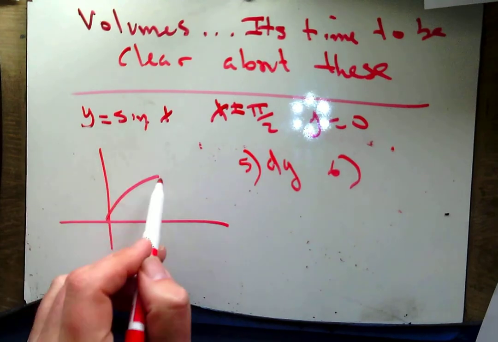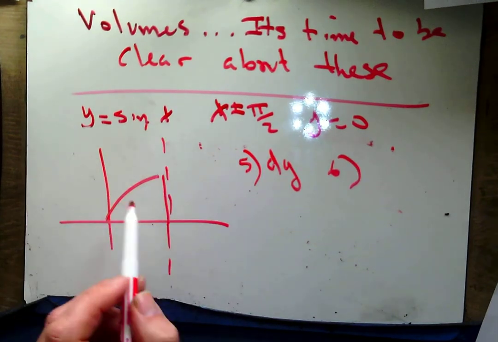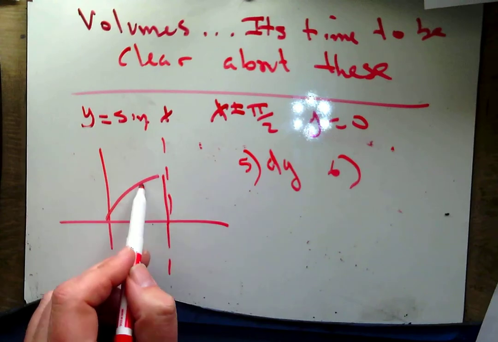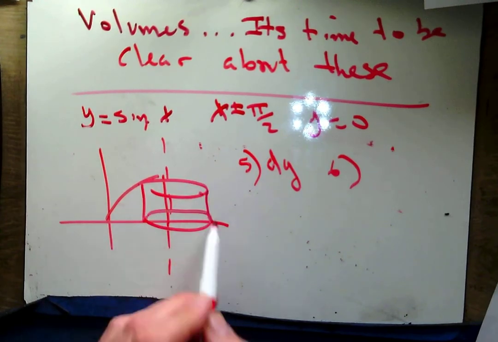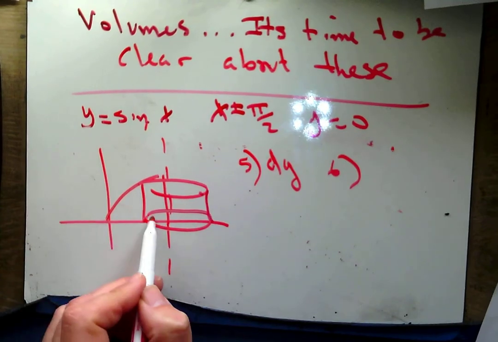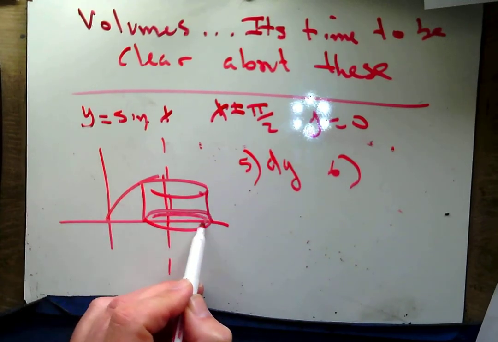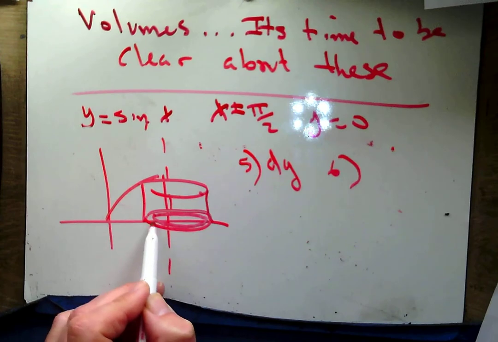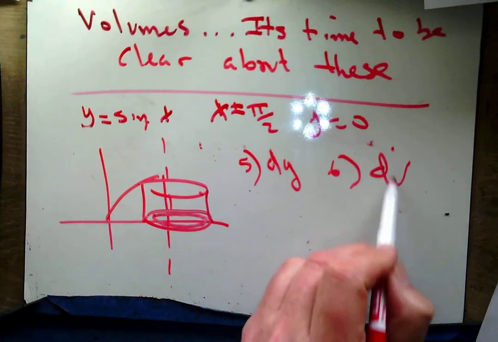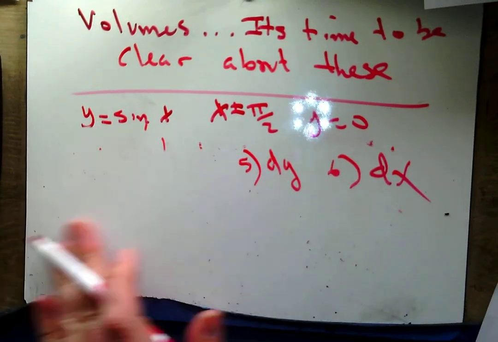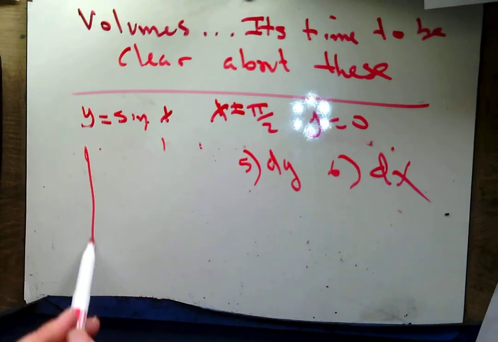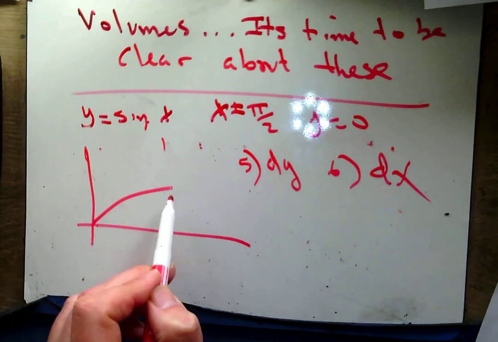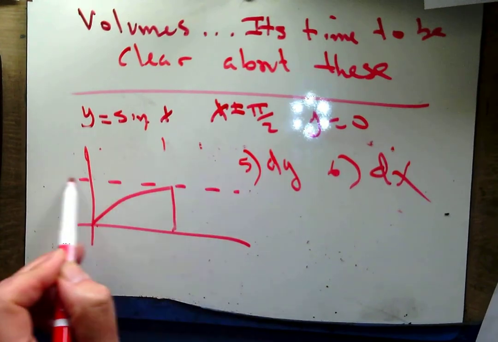Okay, here. And we're rotating with shells, so I draw something parallel to the axis of rotation. And there's my shell. And the thickness of that layer is measured there across the x-axis. 7, spun around y equals 1. Okay. Here's y equals 1.